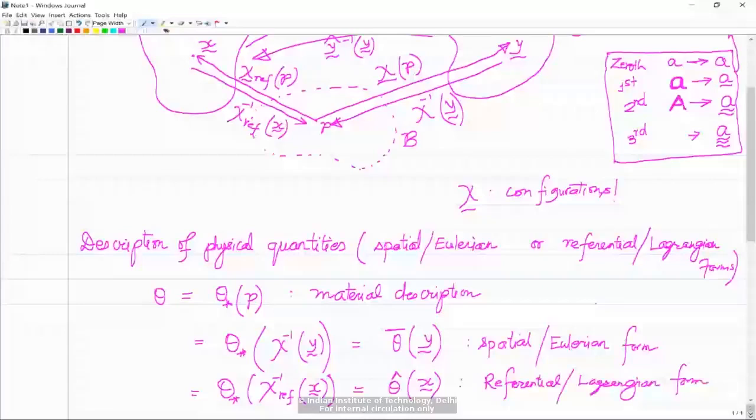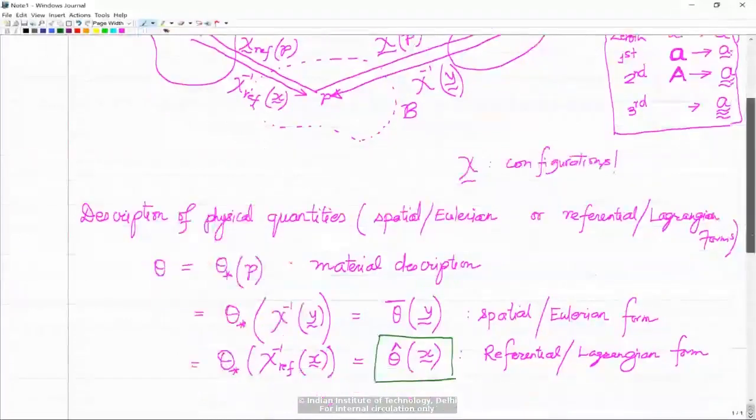Let me see if you have some question here. Okay, there is no question as of now. At the same time, be clear that this referential function does not mean that it is the temperature of the particle in the reference configuration.